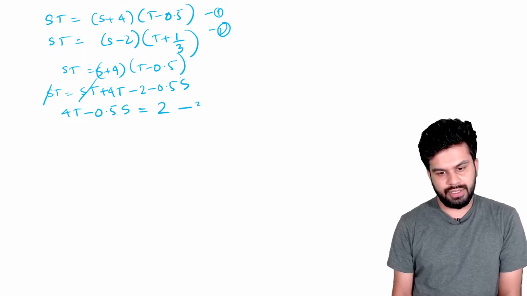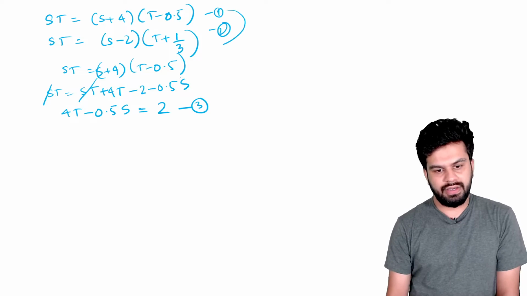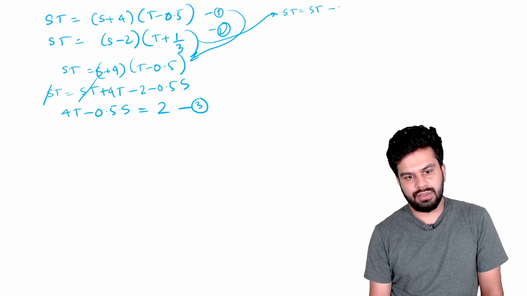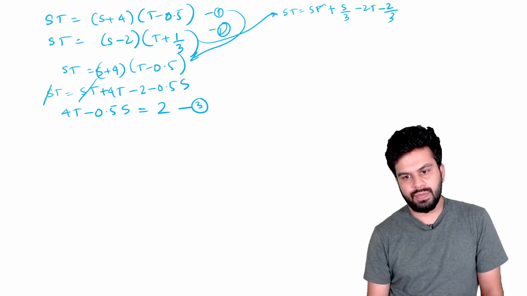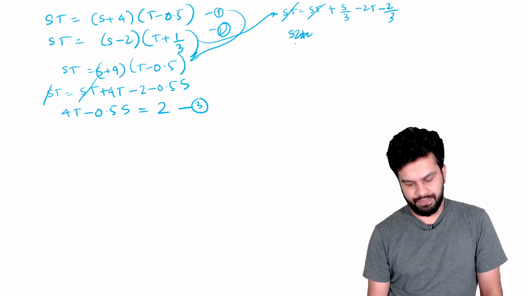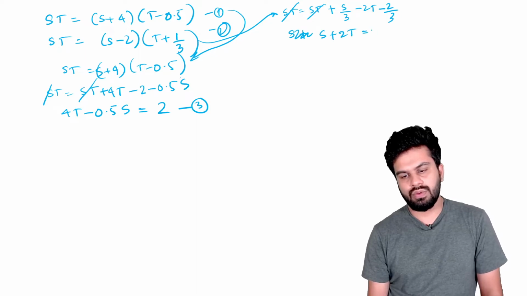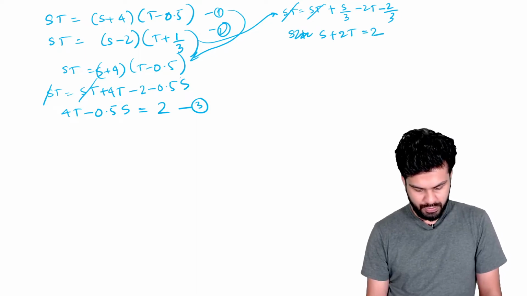This is equation 3. Now simplifying the second one, that is st is equal to st minus 2t plus s by 3 minus 2 by 3. The st cancels out. So multiplying with 3, we get s minus 6t is equal to 2. This would be our equation 4.